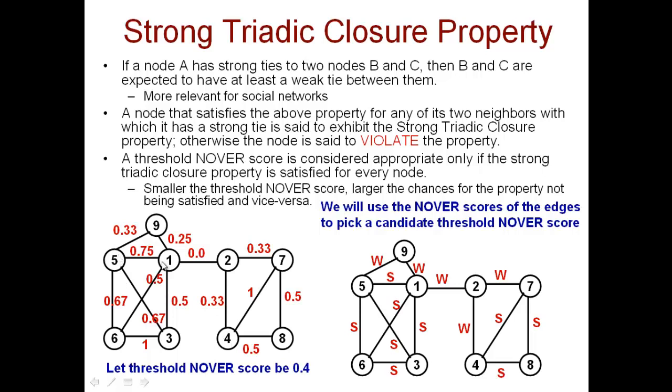Whereas 1,5 has a NO score of 0.75, and based on this threshold of 0.4, this is called a strong tie. Once we classify the edges as weak ties or strong ties, we go through every node and check that any two of its strong tie neighbors have at least an edge between them. Okay.